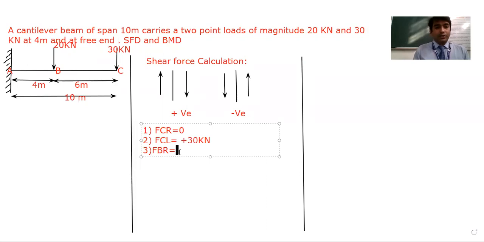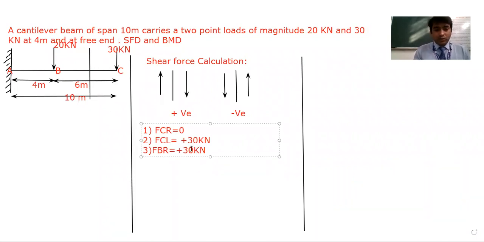Now, just the right side of this B section, if we consider this XX section temporarily, the 30 kilonewton on the right side of this B point is downward, so it is considered as positive sign. So here plus 30 kilonewton.